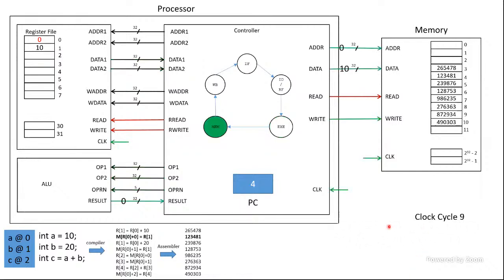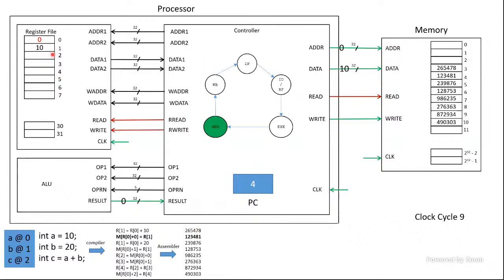Clock cycle 9, it goes into the mem step. Now here's something we need to do with the memory, because we want to write into the memory with the content of R1. So it takes the result out of the ALU. The ALU at this point is actually computing the address of the memory to be accessed. So it is 0. This 0 is sent over to the address port of the memory.